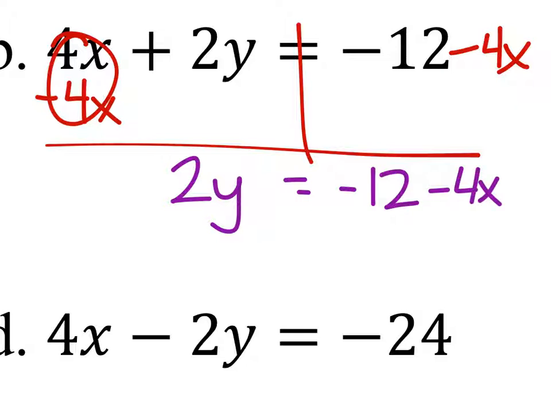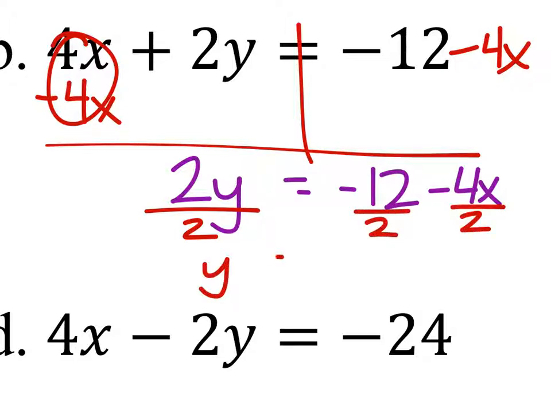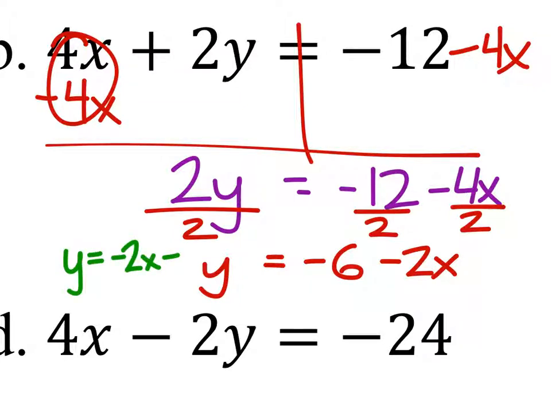Well, we don't want that 2 in front of the y, so we can divide everywhere by 2. And we get y now equals negative 6 minus 2x. But this really isn't still in formal slope-intercept form, so we'll just move those around and make this y equals negative 2x minus 6.